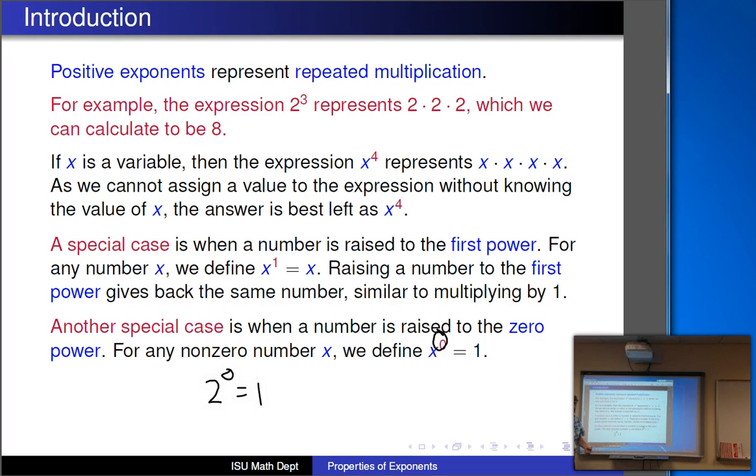Doesn't matter. Y to the power 0 is 1, all right? There is a special case of this, which is 0 raised to the power 0, and that is undefined.